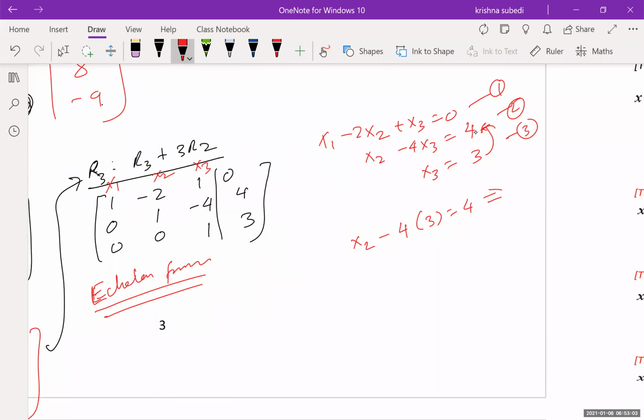This gives you x2 equals 16, right? 4 plus 12 is 16. Now we know x3 is 3, x2 is 16. Now you can substitute the value there. x1 minus 2, x2 is 16, plus x3 is 3 equals 0. So x1 equals 29.